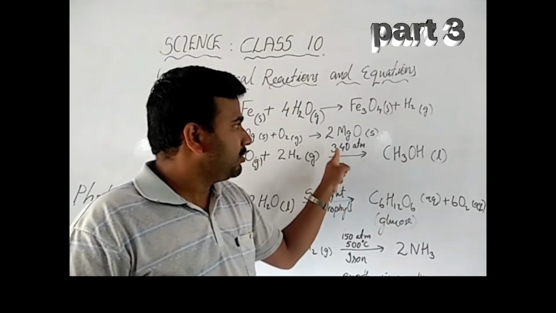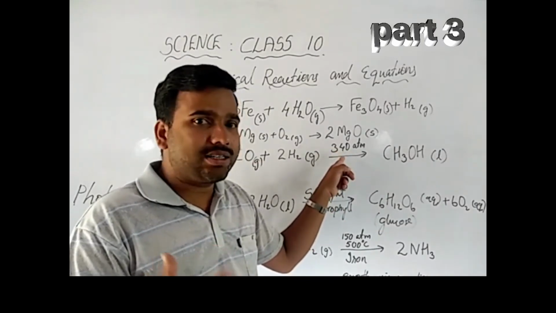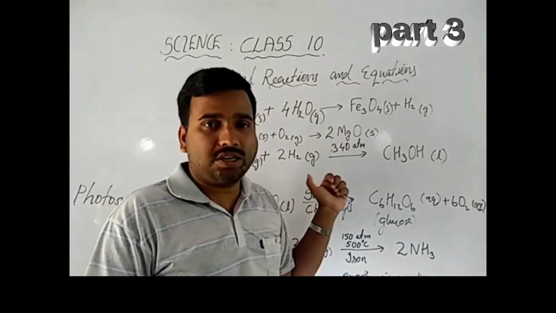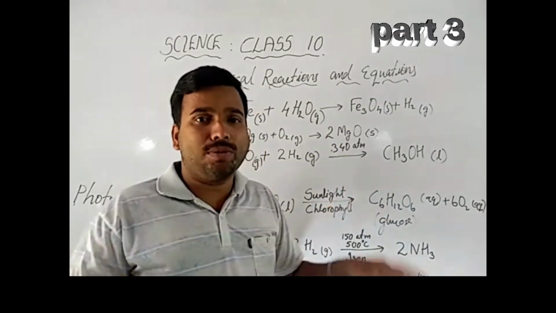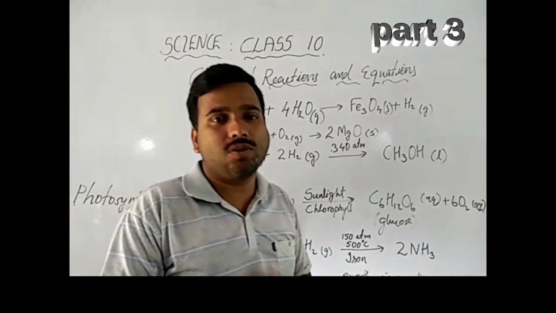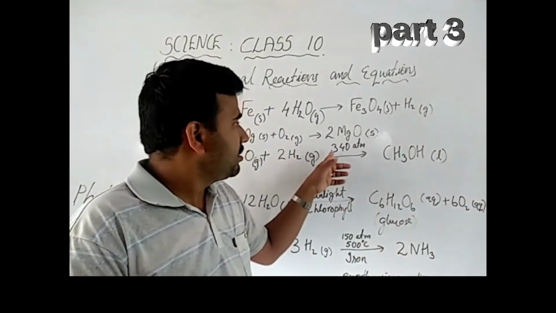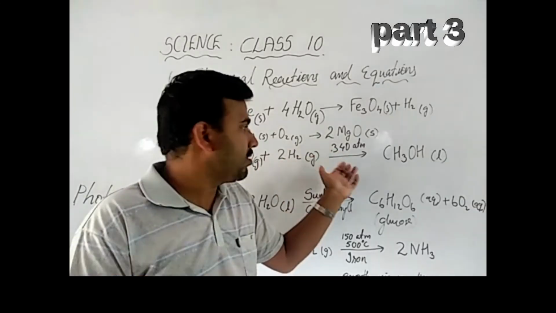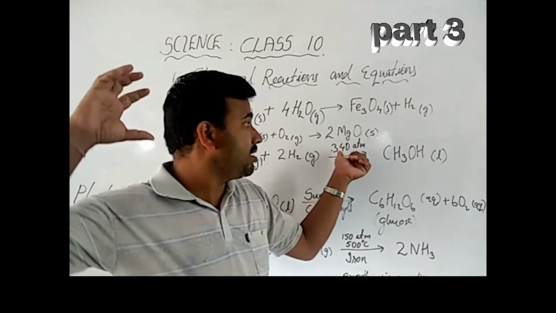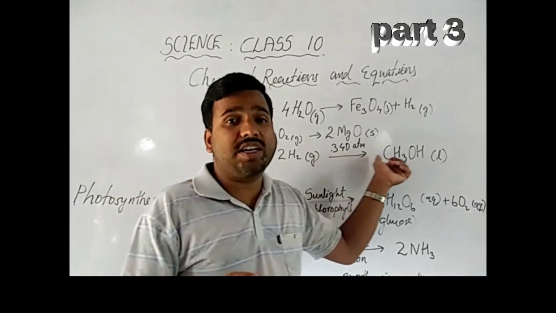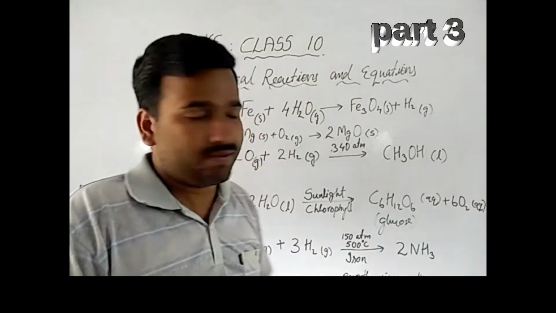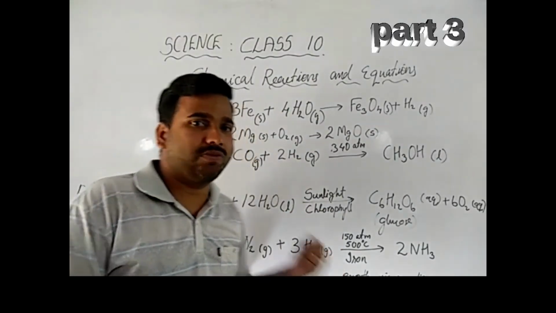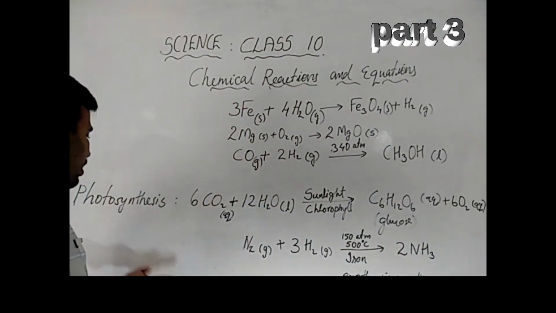So the condition that is essential for carrying out this particular chemical reaction is pressure. We know that the normal atmospheric pressure at sea level is 1 atmosphere. But for carrying out this particular chemical reaction, we need to exert 340 atmospheric pressure.